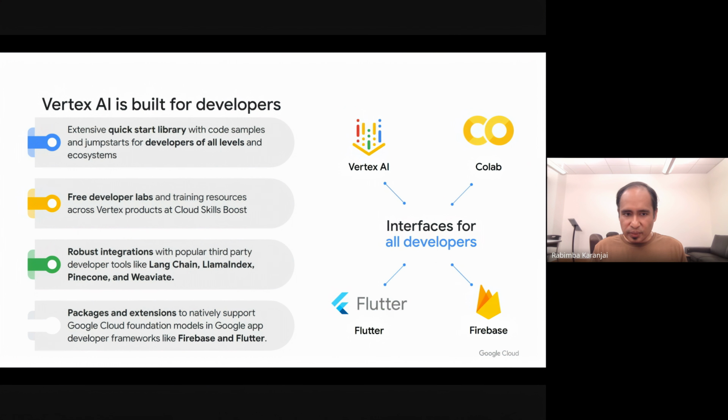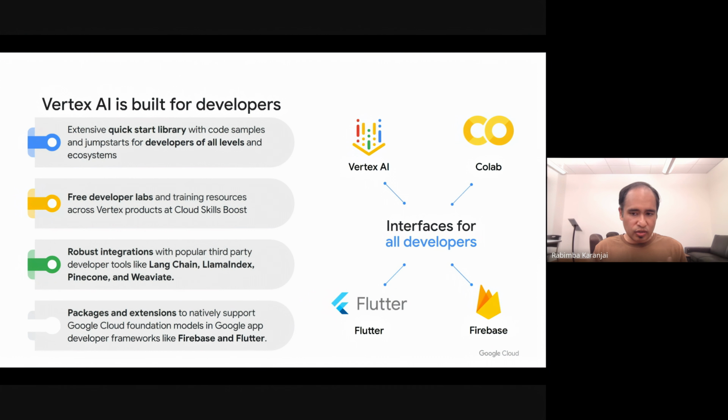Vertex AI is built with developers in mind. What it means is that it has easy integration with a lot of the ML tooling platforms, for example, LangChain, Llama Index, and vector databases like Pinecone. These have first class citizen support with a lot of the things we have in Vertex AI.